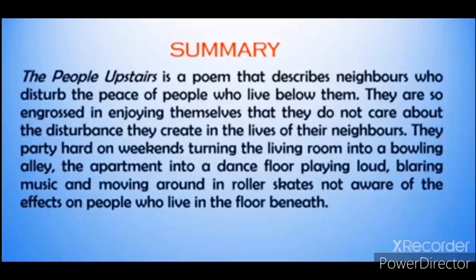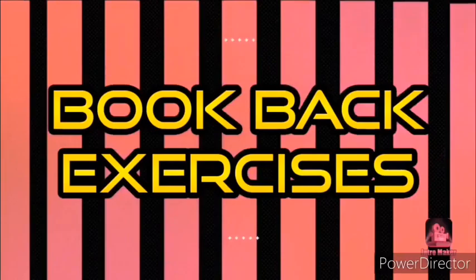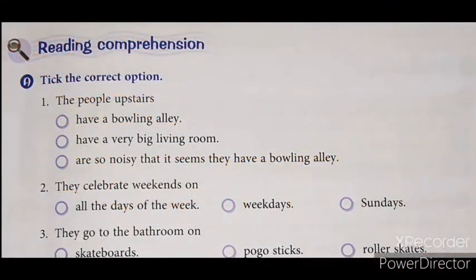Next, we will see book back exercises. Next, book back exercise, page number 35 in your book. The first one, tick the correct options. As we read the poem, we will tick the correct answers.